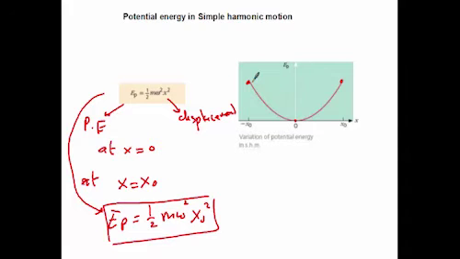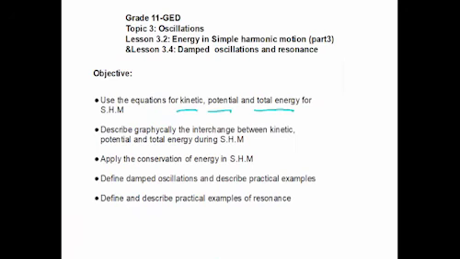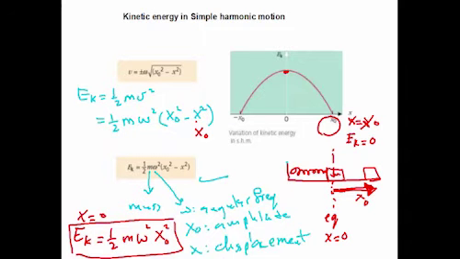So when you go back, like here, we have the value for kinetic energy equal to 0, since the velocity at these points is equal to 0 at maximum displacement. At the equilibrium point, the velocity has the maximum value.